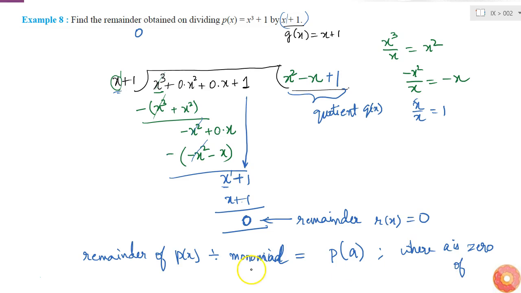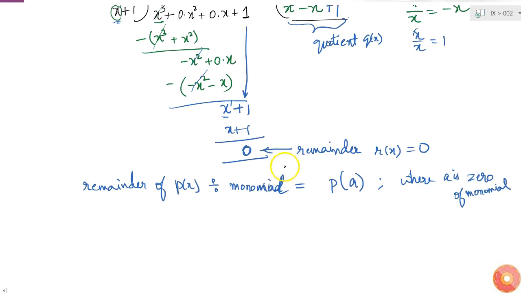This is valid only for monomials, that is, having degree only 1. So this is an easy method to calculate the remainder when divided by a monomial. This is generally called the remainder theorem.